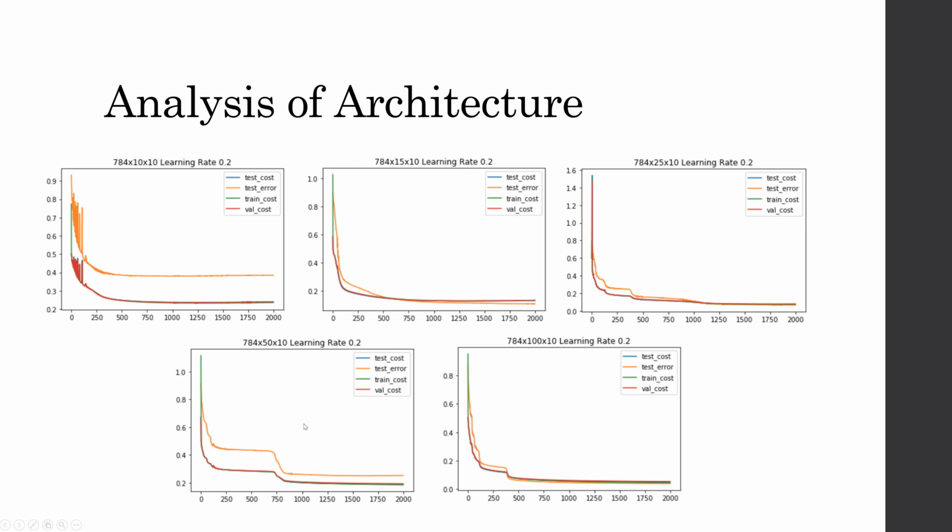Over here with 50, we don't get an increased test error, but we actually don't get great results, and I'm not sure why that is. It doesn't look like it's a matter of just increasing the neurons, but 100 neurons seems to work better than 50. But yet 25 worked better than 50 as well.